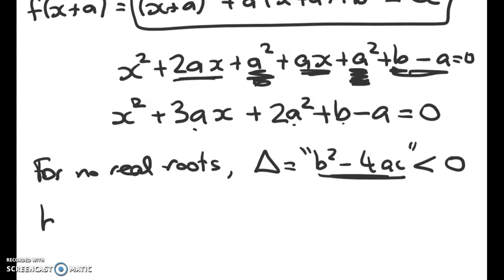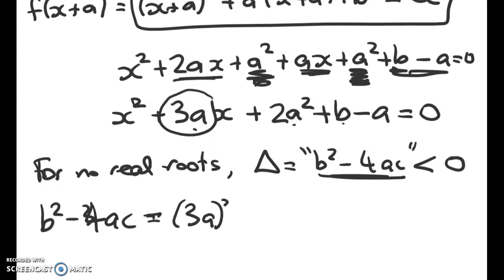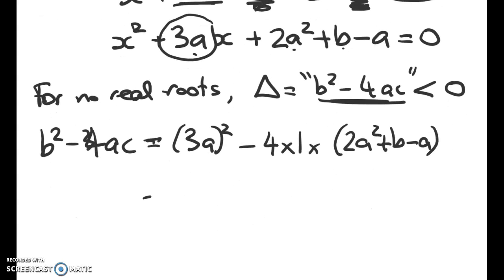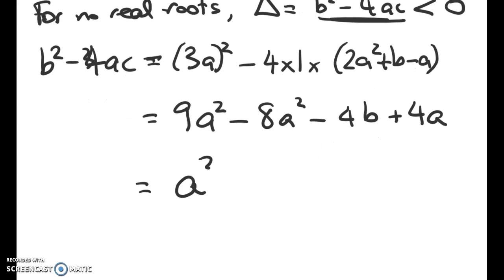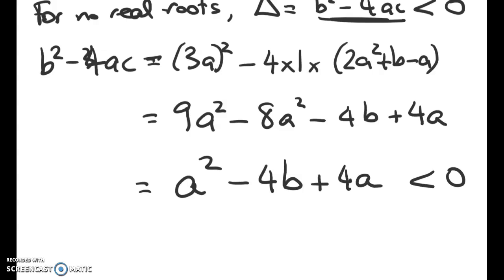So here, b squared minus 4ac is equal to 3a squared minus 4 times 1 times 2a squared plus b minus a. That gives us 9a squared minus 8a squared minus 4b plus 4a. So my discriminant is a squared minus 4b plus 4a, and that has to be negative for no real roots.